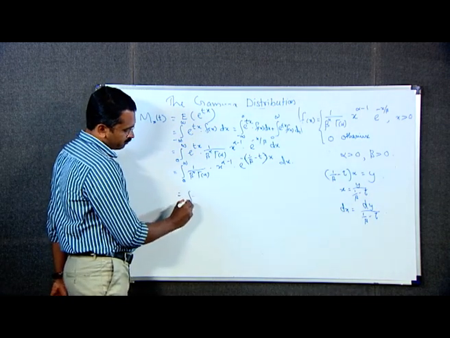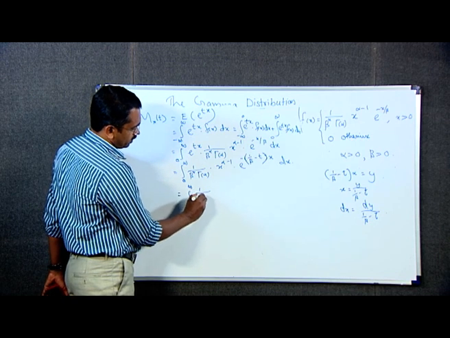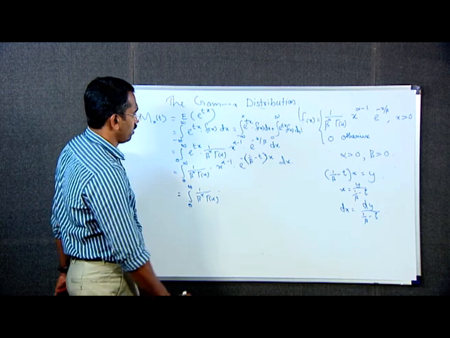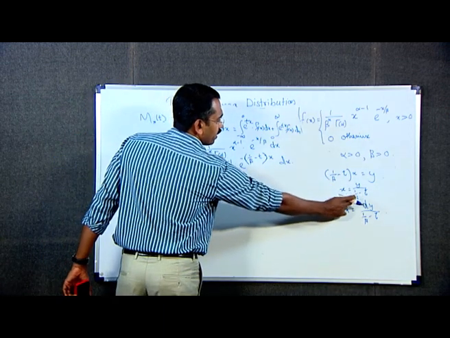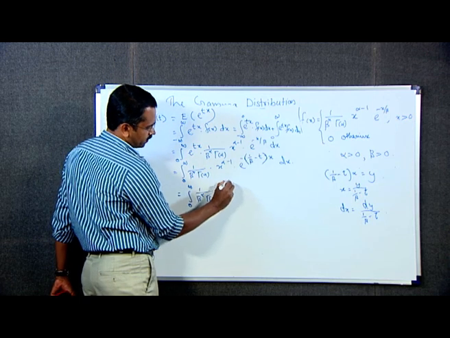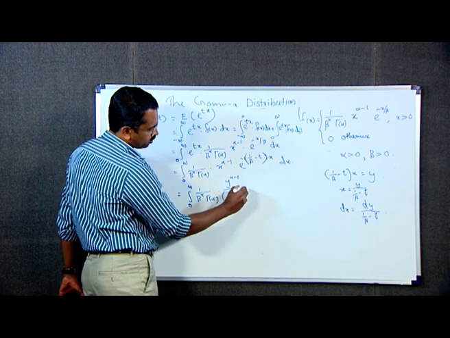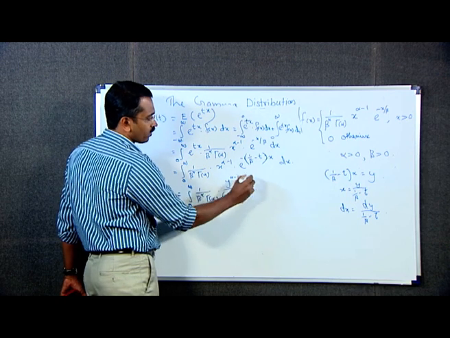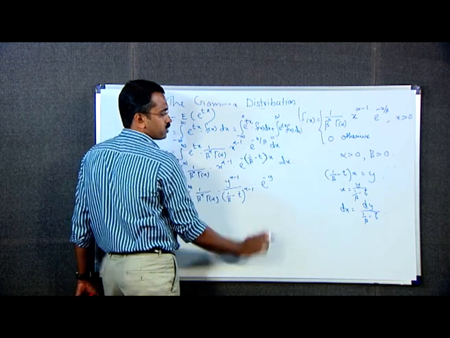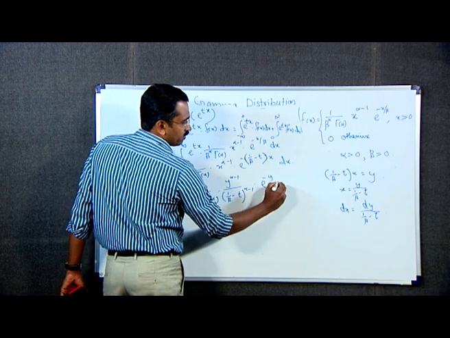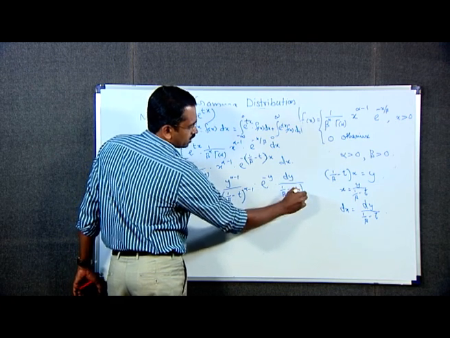This is equal to integral from 0 to infinity 1 by beta raised to alpha into gamma alpha, x raised to alpha minus 1 means y divided by (1 by beta minus t) all raised to alpha minus 1, that is y raised to alpha minus 1 divided by (1 by beta minus t) all raised to alpha minus 1, into e raised to minus y by our substitution, and dx is dy divided by (1 by beta minus t).